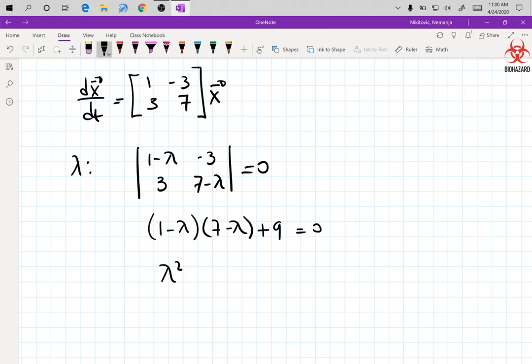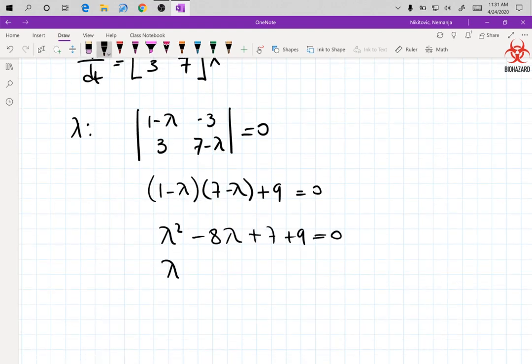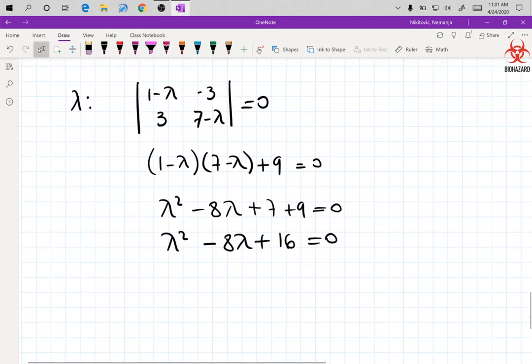Then we have minus 1, and then minus 7, is minus 8 lambda. Plus 7 plus 9. Lambda squared minus 8 lambda plus 16 equal to 0.